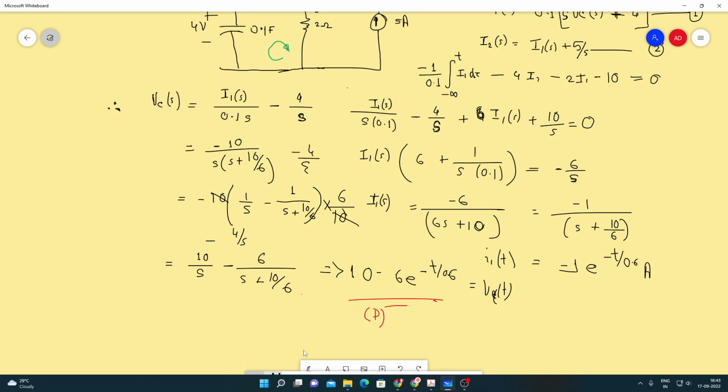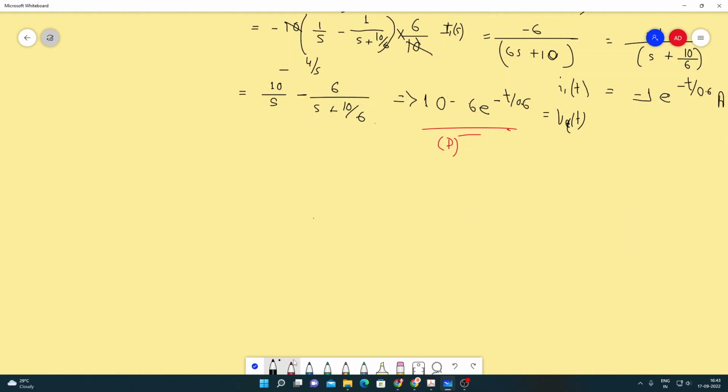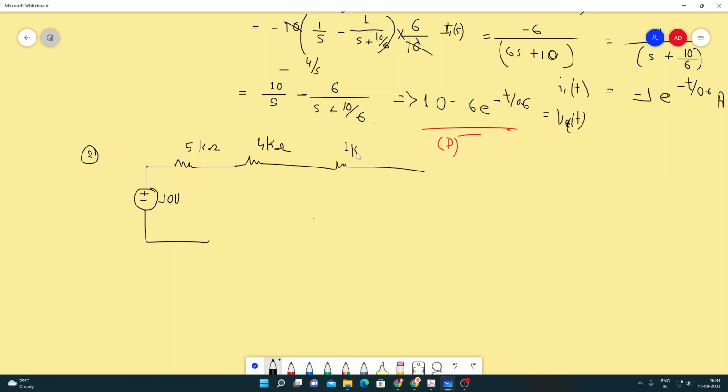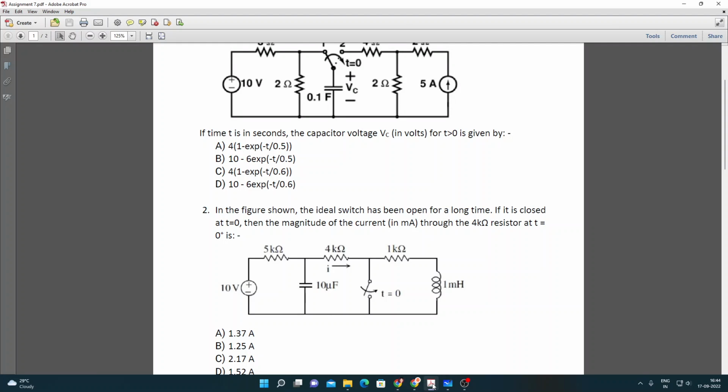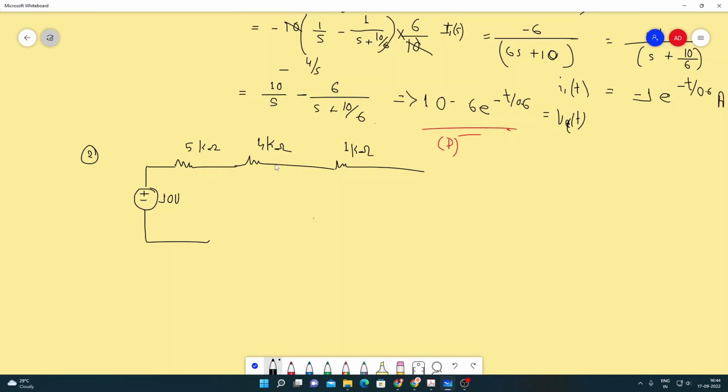So let's write it down. A 10 volt source, we have a 5 kilo ohm, 4 kilo ohm and 1 kilo ohm, and a capacitor of 10 microfarad and 1 millihenry.